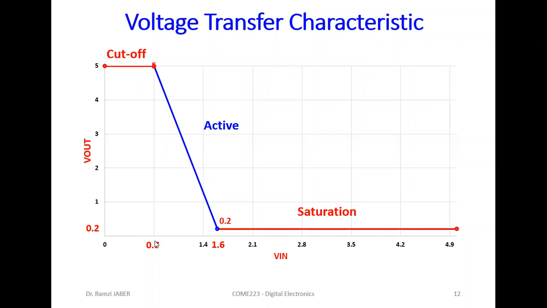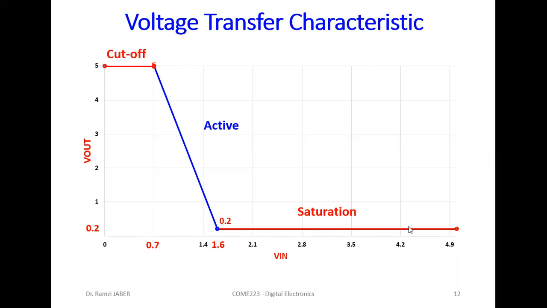Between 0.7 and 1.6, where 0.7 is the input low and 1.6 is equal to V input high, the transistor is in active mode and will be linear. Then in saturation mode, when the input is above 1.6 and up to 5 volts, the output will be low. This low equals VCE equals 0.2 volt.